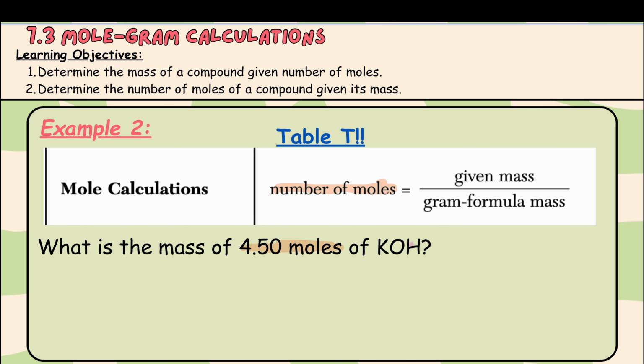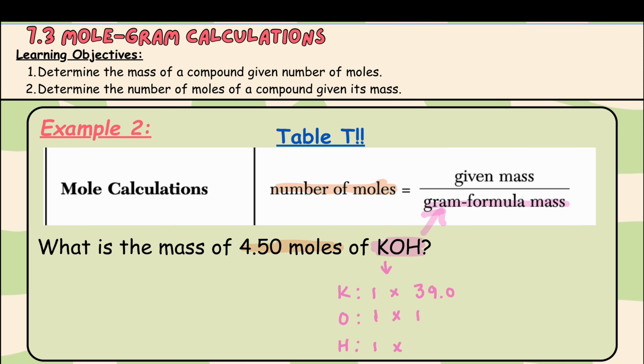And because it says potassium hydroxide, we know that we can always find what the gram formula mass is using our periodic table. So we're going to do that part first, finding the gram formula mass. So we have potassium, oxygen, and hydrogen. We have one of each of those atoms. The mass of potassium is about 39.